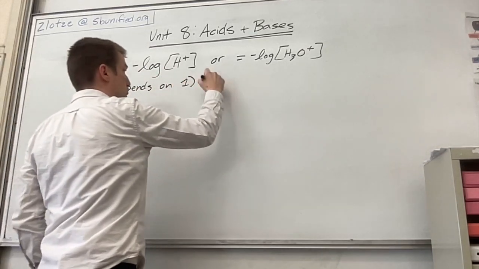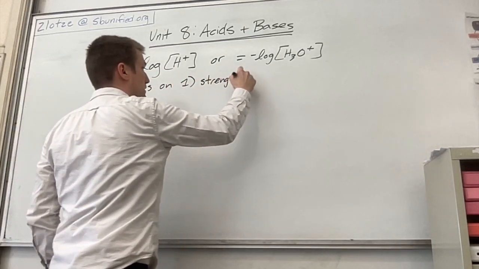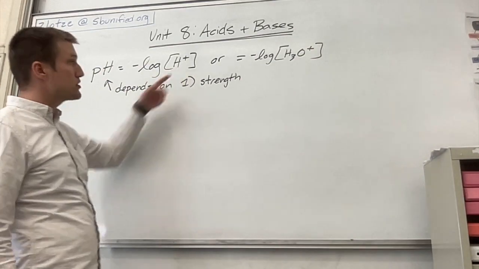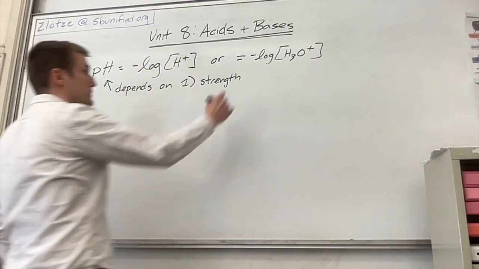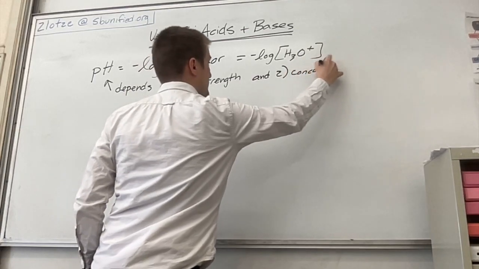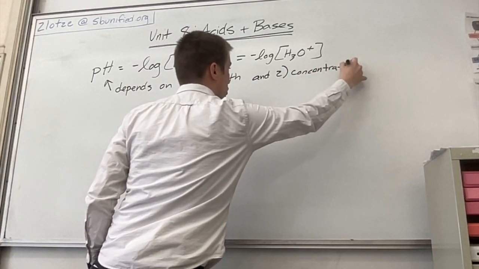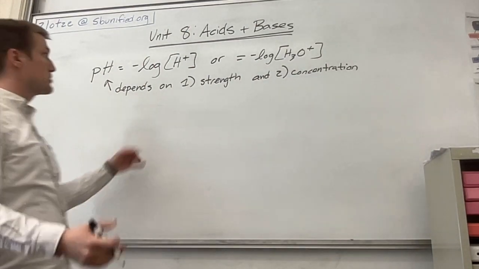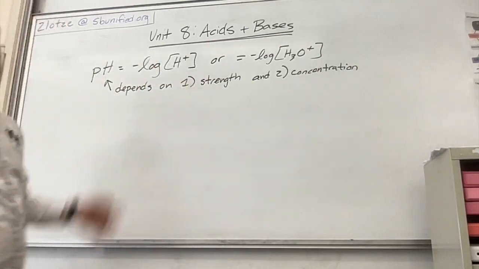One, the strength of the acid, like what percent of it actually ionizes to make H plus, and the concentration, like how many moles per liter of acid. And then within that acid, how much of it actually dissociates into H plus.